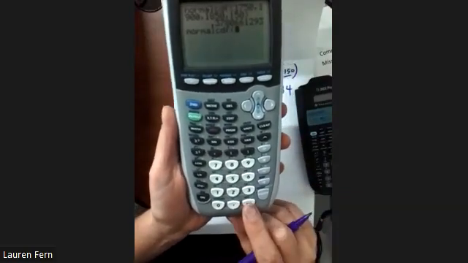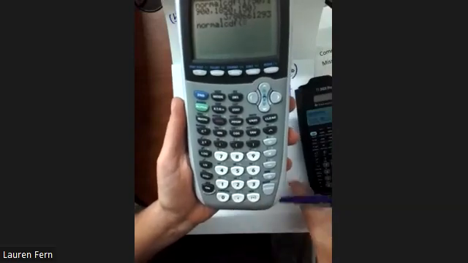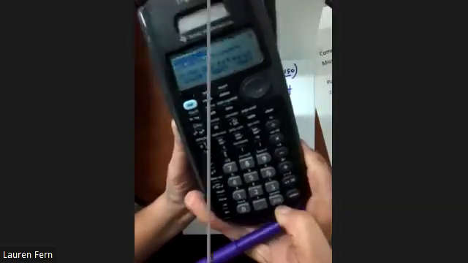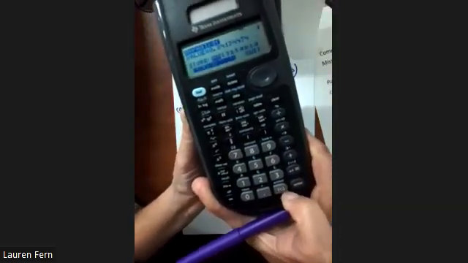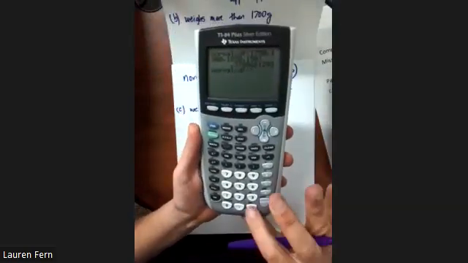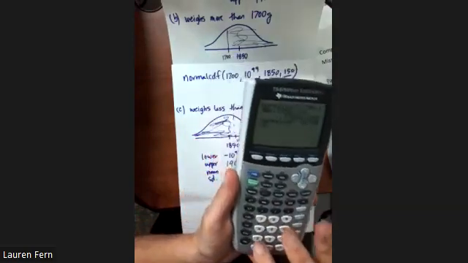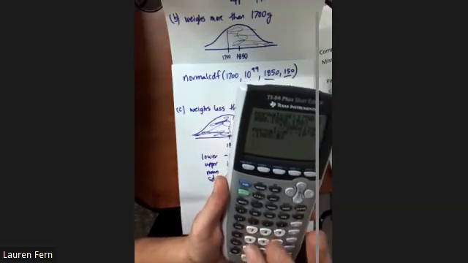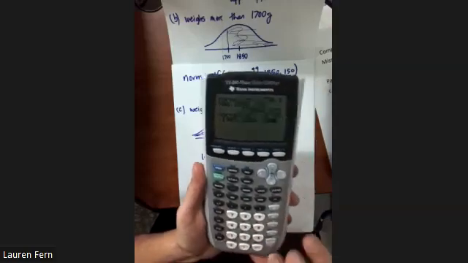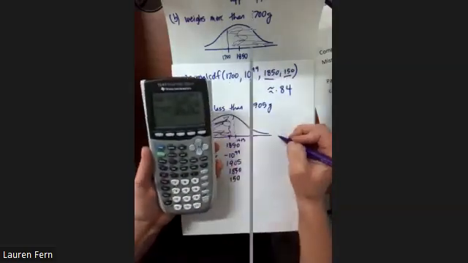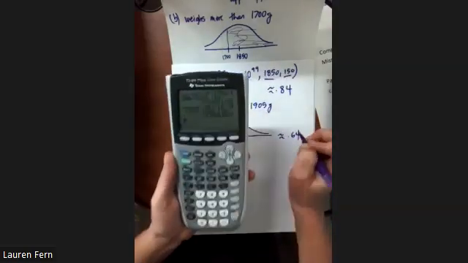Your negative sign is below your number 3 on this calculator, as well as on this calculator. So negative 10 to the 99th, and then what was it? 1905, 1850, 150, and we get about 0.64.